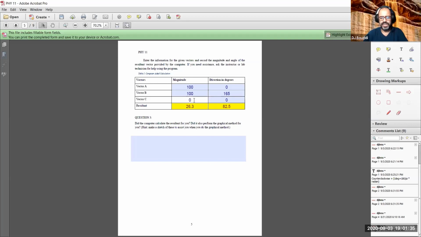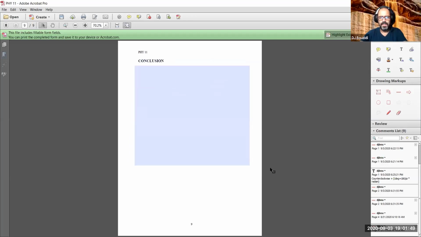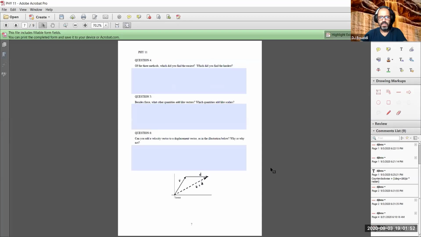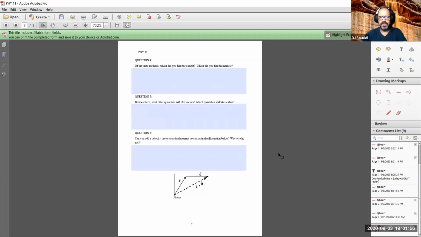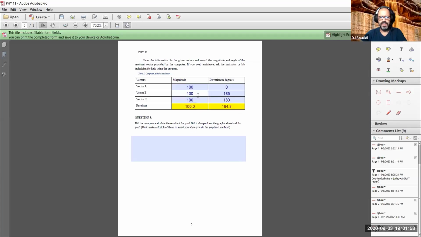And this is 100 also, but it's 180 now. 180. Oops, 1,800. That's not good. Make sure you enter the data correctly. And the middle table, what is it? 50, 60. 50. And then 60.